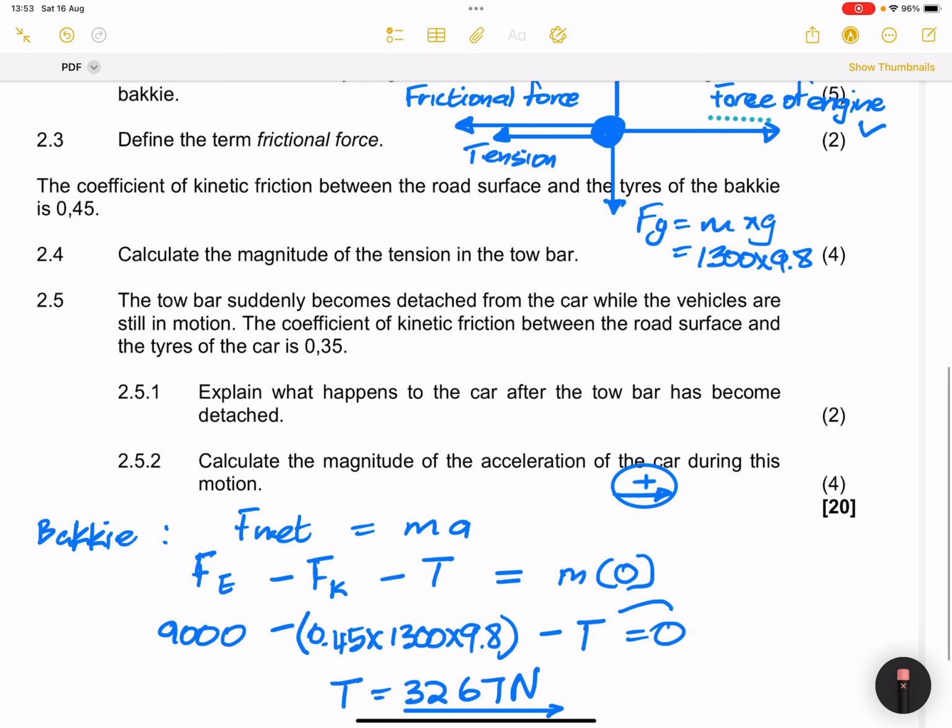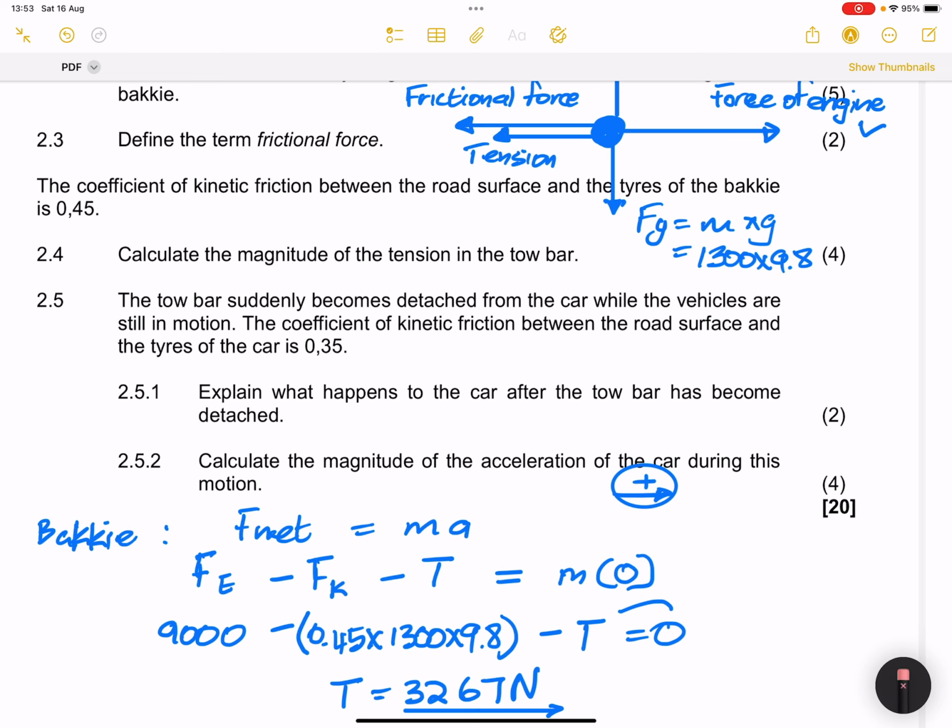They say to us, the tow bar suddenly becomes detached from the car while the vehicles are still in motion. The coefficient of friction between the road surface and the tires is 0.35. So they say explain what happens to the car after the tow bar has become detached. What will happen to the car?